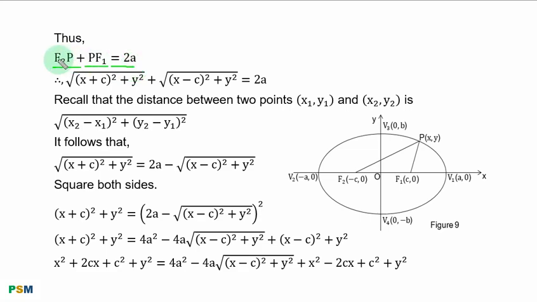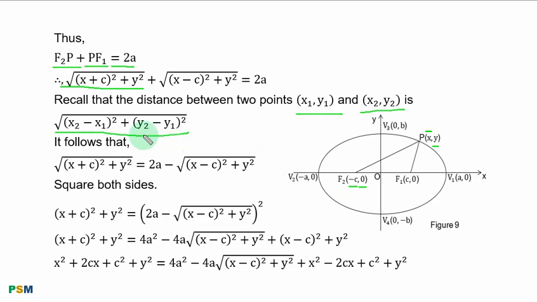The distance between F2 and P is expressed in this form. You know the distance between 2 points is given by this formula. So considering F2 and P, we can take x as x2, then minus c as x1, then y as y2, 0 as y1.